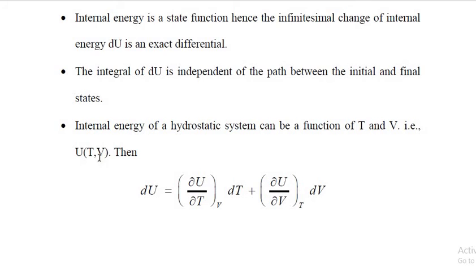That is, you have two coordinates T and V. So the partial derivative of U with respect to T, the first coordinate, at constant second coordinate into dT, plus the partial derivative of U with respect to the second coordinate at constant first coordinate into dV. Expressing in this form is called an exact differential.